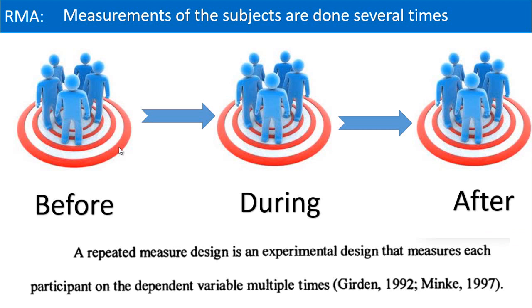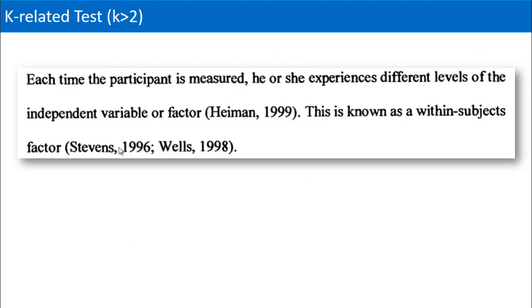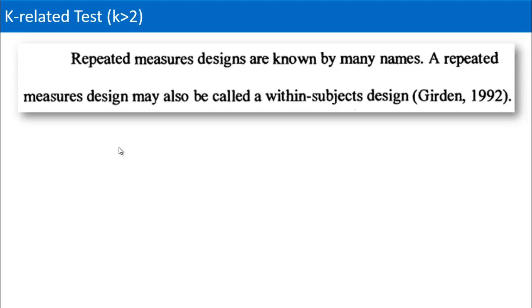Each time the participant is measured, he or she experiences different levels of the independent variable or factor. You are using different treatments. That means you need to verify first that one has no effect on the other. So this is known as the within subjects factor.